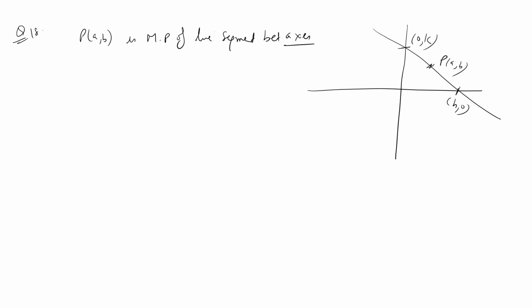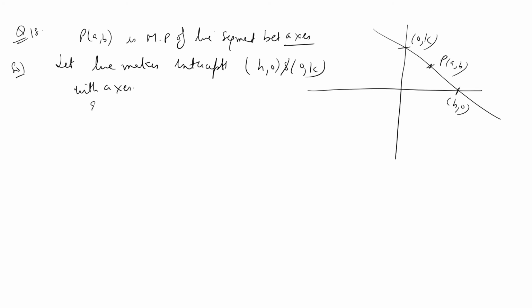So let the line make intercepts h,0 and 0,k with the axes. Now the equation of the line in intercept form is x upon h plus y upon k is equal to 1, the same way as x upon a plus y upon b equal to 1.